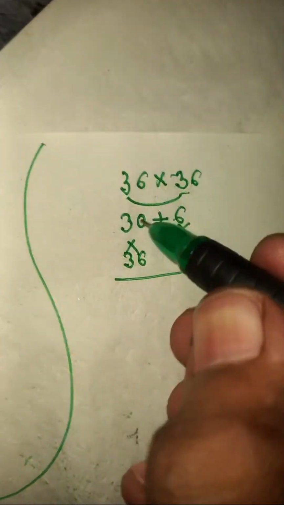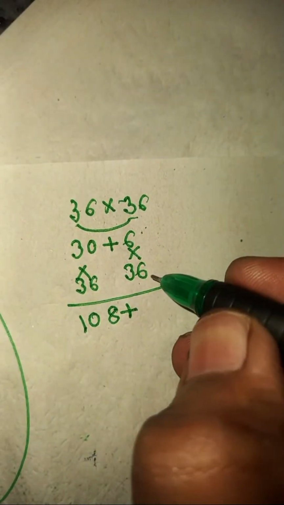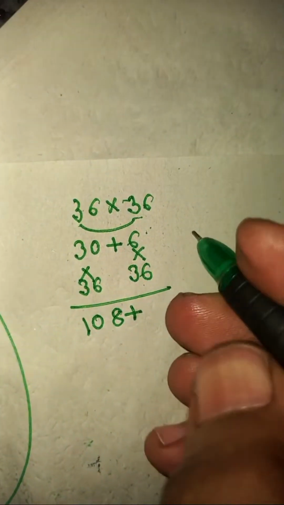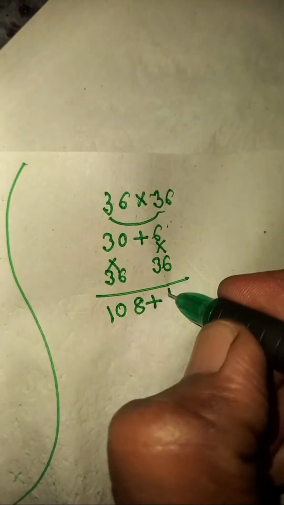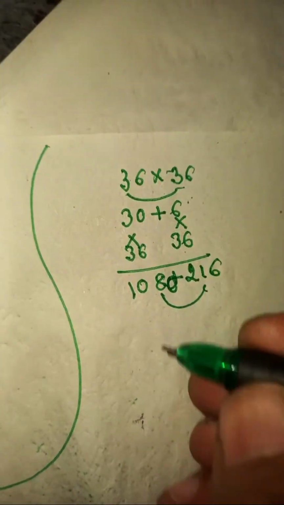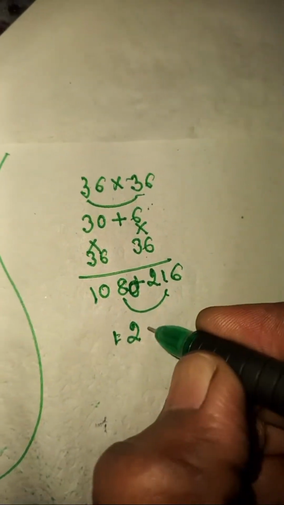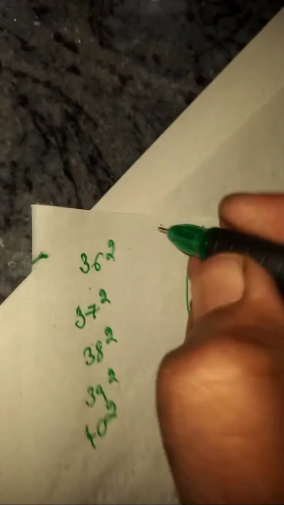You multiply 36 times 3, 90 plus 18, which is 108, so 1080, plus 30 times 6 is 180, 6 times 6 is 36, that is 216. 1080 plus 216 is going to become 1296. This is completely equal to 36 square, 1296.